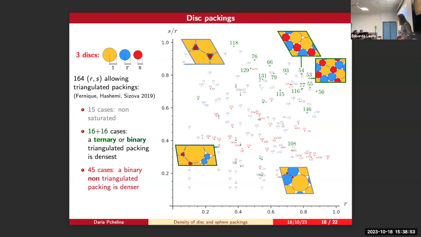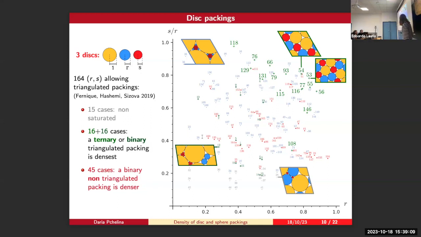They are all here. We can depict them on a kind of map. Horizontally we have r, the radius of the blue disk, and vertically it's the ratio between s and r.